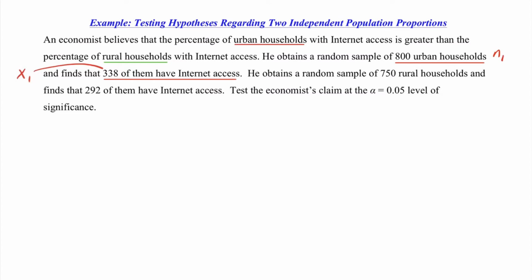Similarly, our 750 rural households that were sampled represent our N2, and the 292 of them that had internet access represent our X2. We also want to make sure we're careful to note that the claim is the urban households with internet access is a greater percentage than the percentage of rural households with internet access.